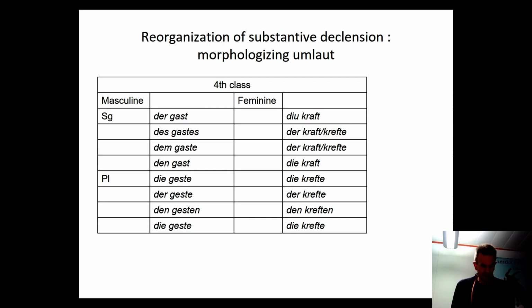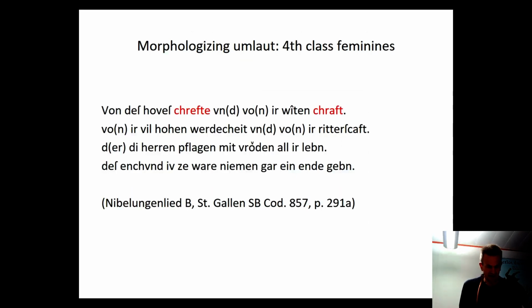Such an unambiguous interpretation of the fourth class feminine nouns too is prevented by the fact that umlauted forms not only occur in the entire plural, but can also occur in the genitive and dative singular as variants of non-umlauted forms. A famous text passage in which the morphological variants actually stand side by side is stanza 12 of the Nibelungenlied.